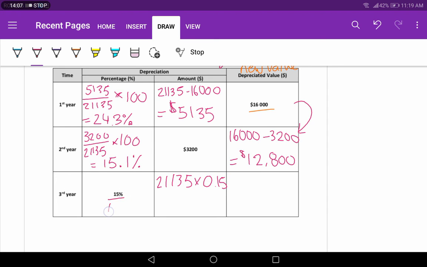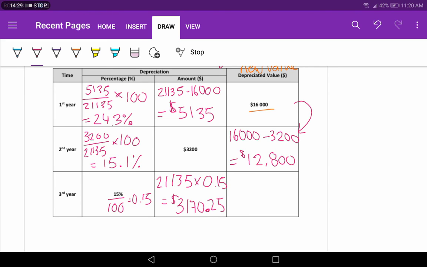Again, divide that by 100 and it will give you that decimal. So that means we are depreciating by $3,170.25.